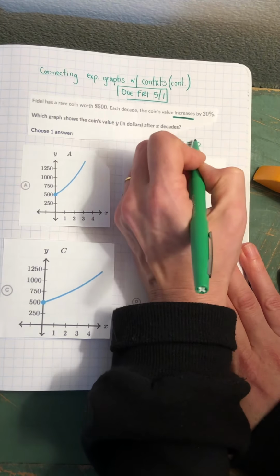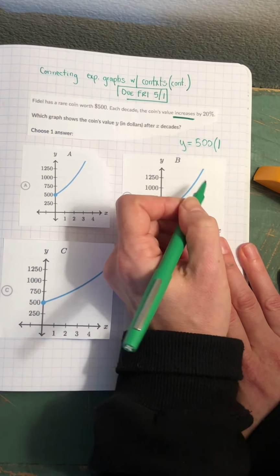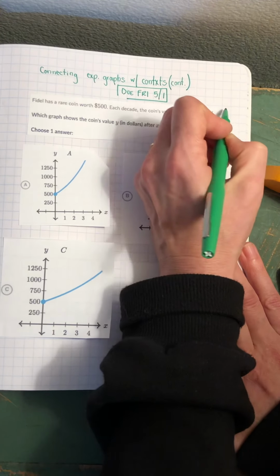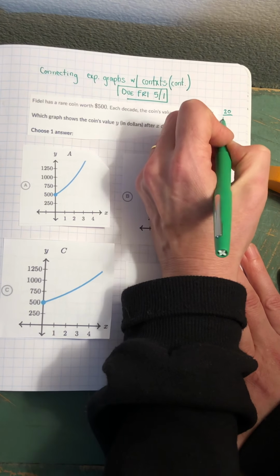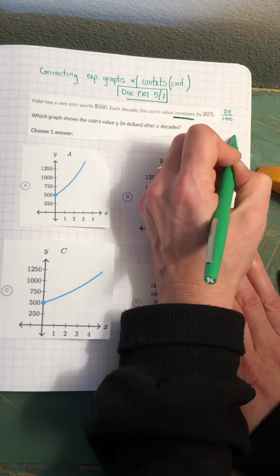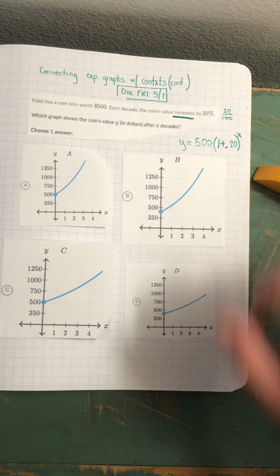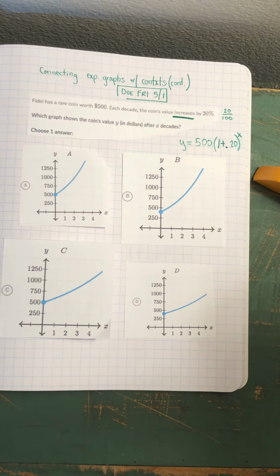So my initial value, and then I'm going to take 100%, and I'm going to add. If I do the percent divided by 100, the calculator gives me 0.20. It's really just going to give you 0.2, but 0.2 is the same thing as 0.20.